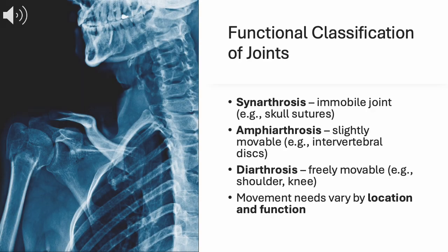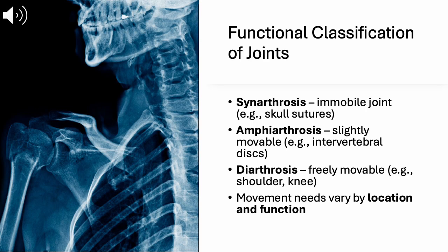Functional classification answers the question, how much movement does this joint allow? A synarthrosis is an immovable joint. These are often found where bones need to stay firmly in place to protect organs, like the sutures in the skull. An amphiarthrosis allows limited movement.